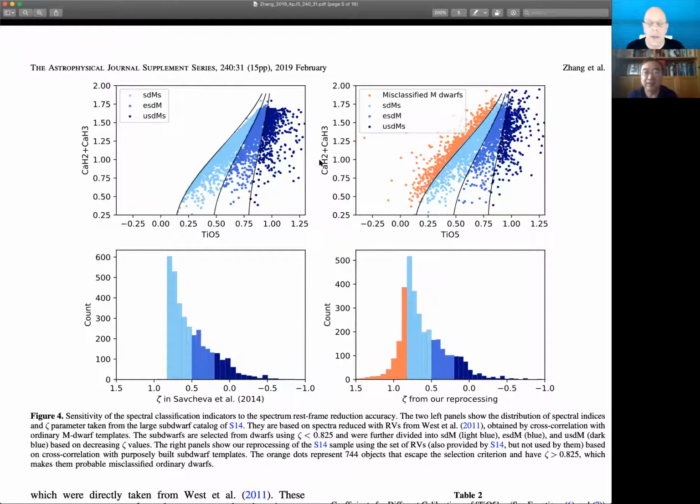From this figure, you can see the classification of M-subdwarfs.